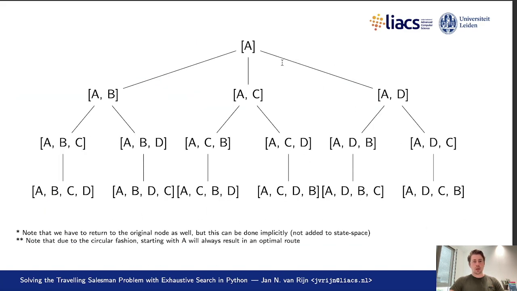And suppose that we're not in a goal state, and we are in a state where we have visited only one city so far. Basically what we want to do is try out all possibilities and ask what would be the cost if we were to do this certain extension to the current state.